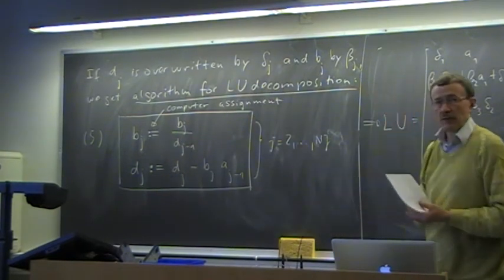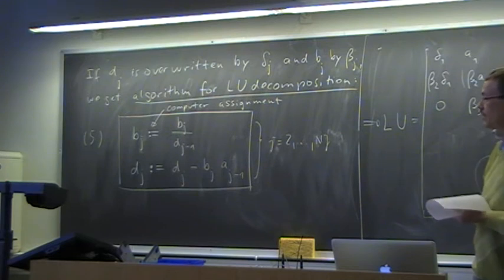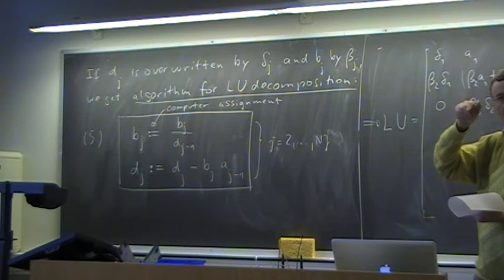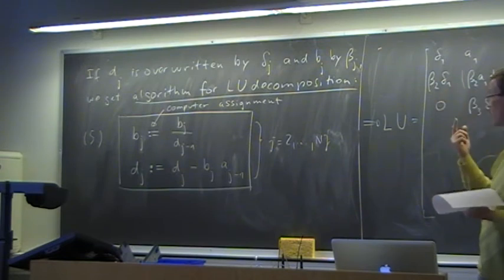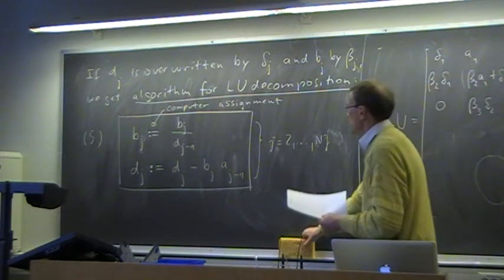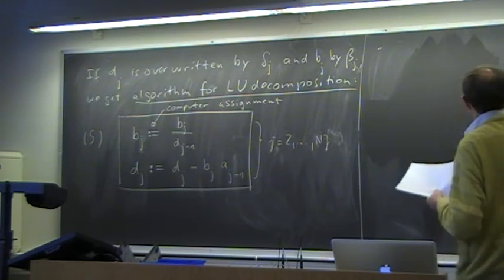The only thing that you have to be a little careful with is that the bj has a component b1, which is not needed, but since we are using the notation starting with beta 2, you have to assign it the same vector length as you assign to the diagonal, the d. That's just a technical thing, but you'll see it quickly when you do the programming.